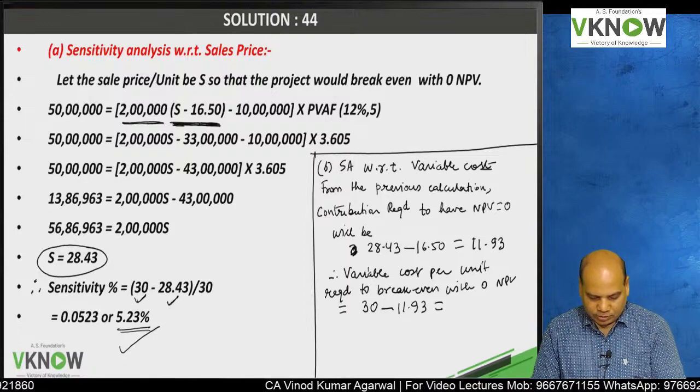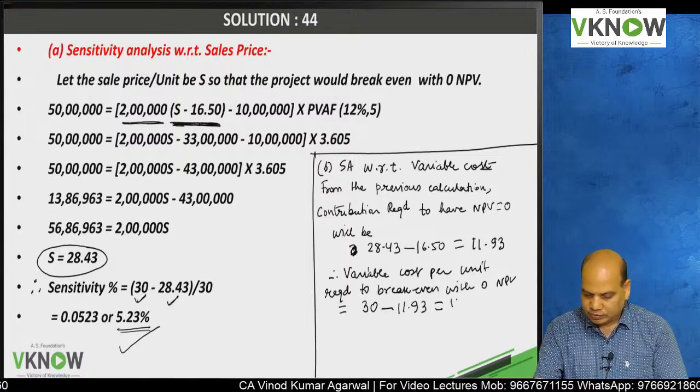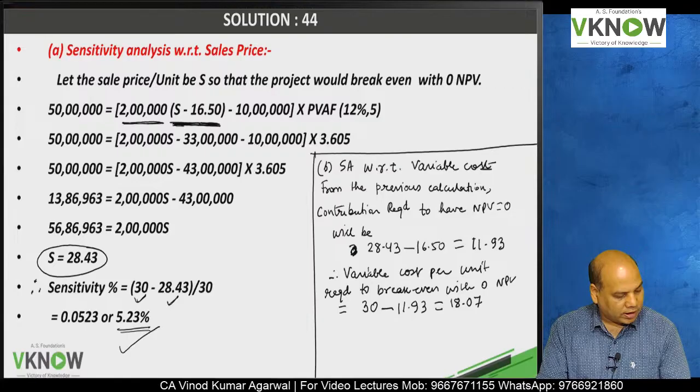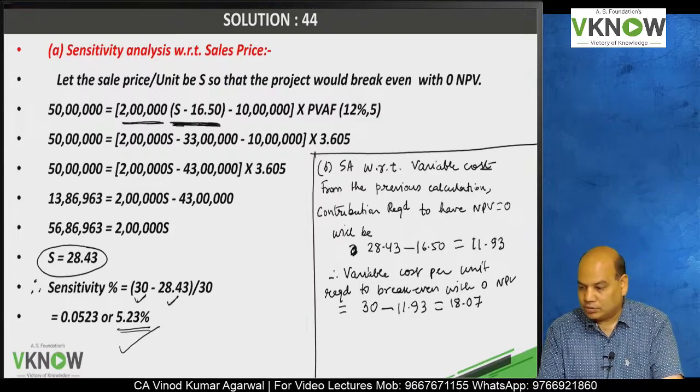So my variable cost on the higher side can be 18.07.